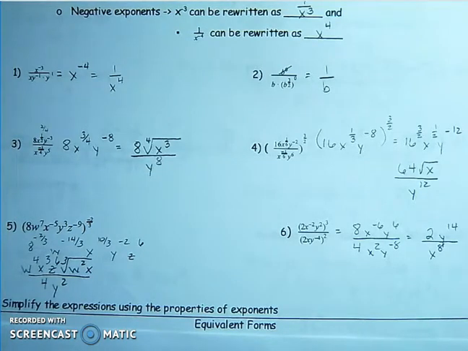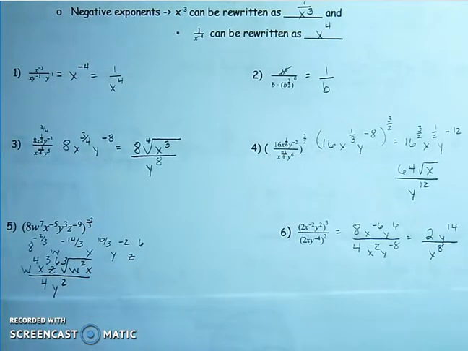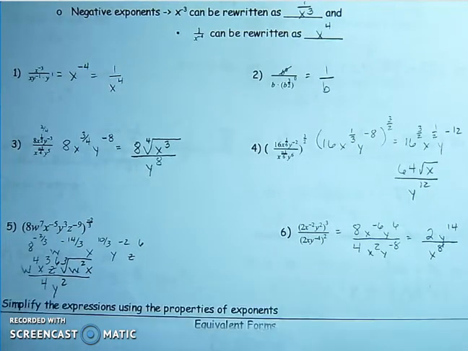In 5, we have w to the 4th, x to the 3rd, z to the 6th, the cube root of w squared, x divided by 4y squared, which again can be written as fractions. Number 6, you have 2y to the 14th over x to the 8th. If you have any specific questions on 1 through 6, please ask Miss Lewis before continuing on in the video.